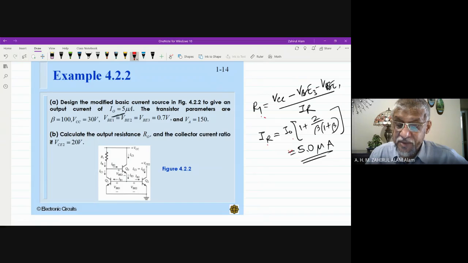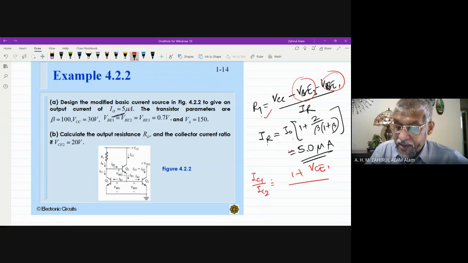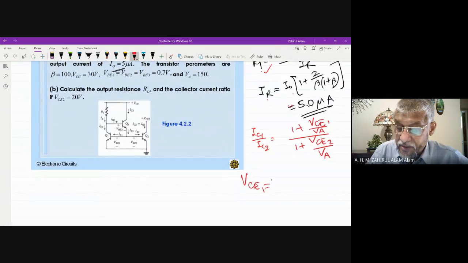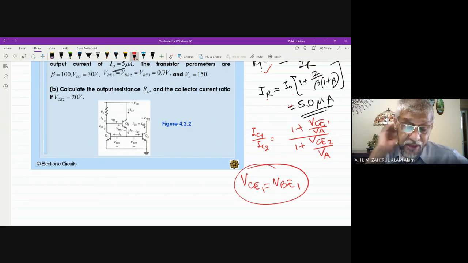Similarly, we can find this one. What is the relation for the second one? IC1 over IC2 equals 1 plus VCE1 divided by VA, over 1 plus VCE2 divided by VA. Previously, VCE1 was equal to VBE1. But in this case, VCE1 is equal to how much?